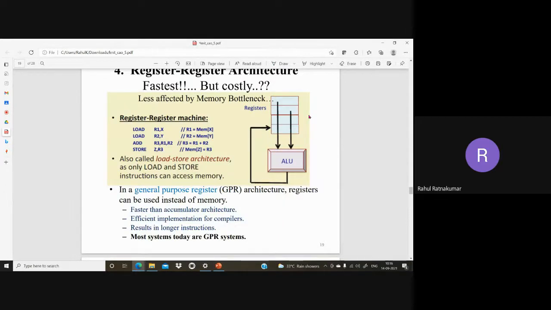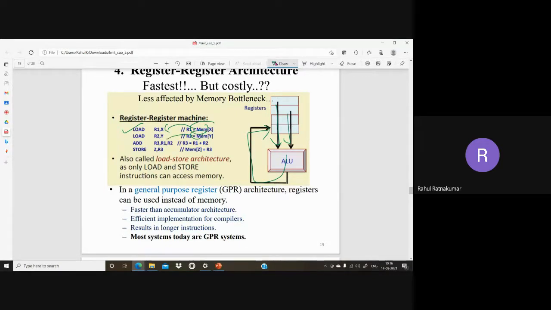Now register to register. It is fastest because you can see input is coming from the register, output is also going to the register. This is faster. Why is register fast? That is quite fast. Initially we have to load the registers first. That is the only problem.